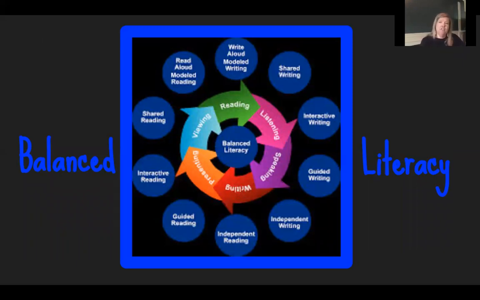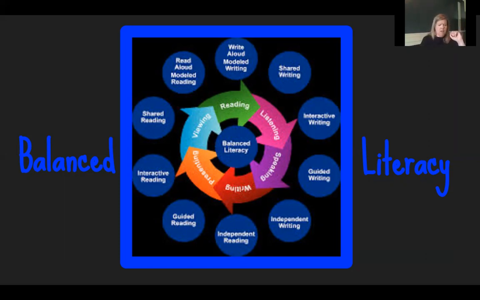So balanced literacy really came about in response to some pretty extreme teachings of either whole language on one side, which is total immersion in real text, and then as kids need information about building skills and strategies, that's when you incorporate it. And then on the opposite side of that was the literacy approach of a phonics-based program, which is very regimented, learning things at specific times.